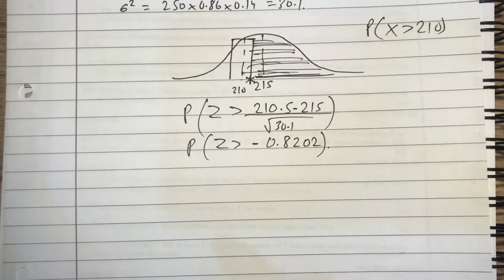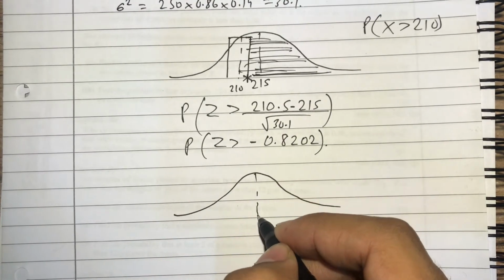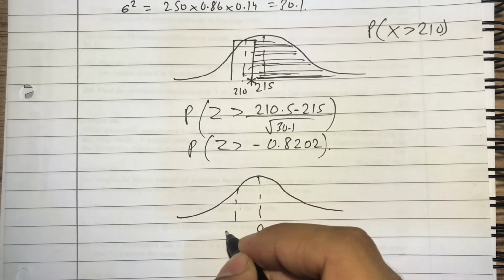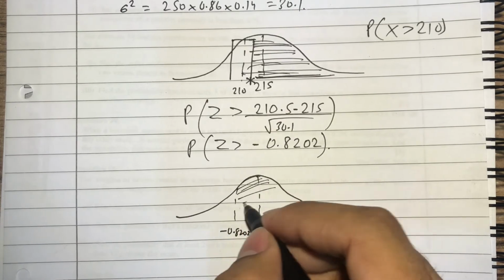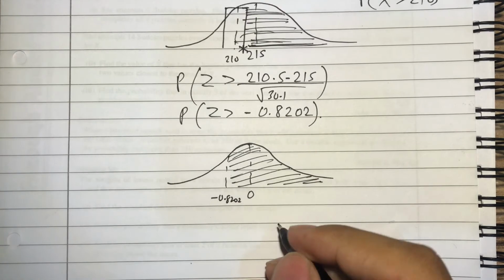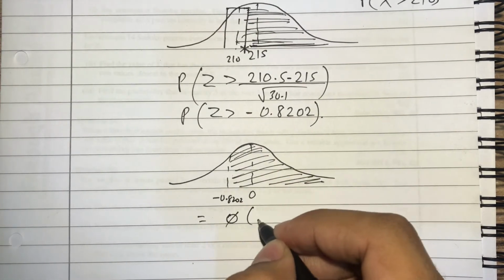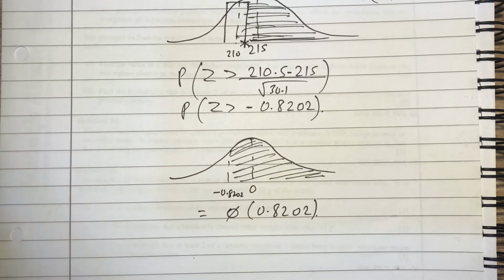So if I make the standard normal curve, this is 0. Obviously this will be towards the left. We have to find this region. Now this will be equal to phi of 0.8202 because of symmetry.